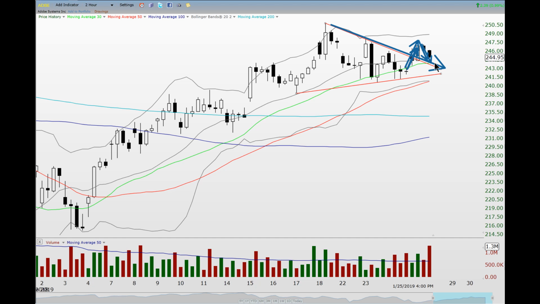The broken resistance becomes support. So it's probably doing that right now. It's coming down, and only if it turns around and then tries to go above this, then it would be a good entry signal to go long. In other words, buy Adobe stock.